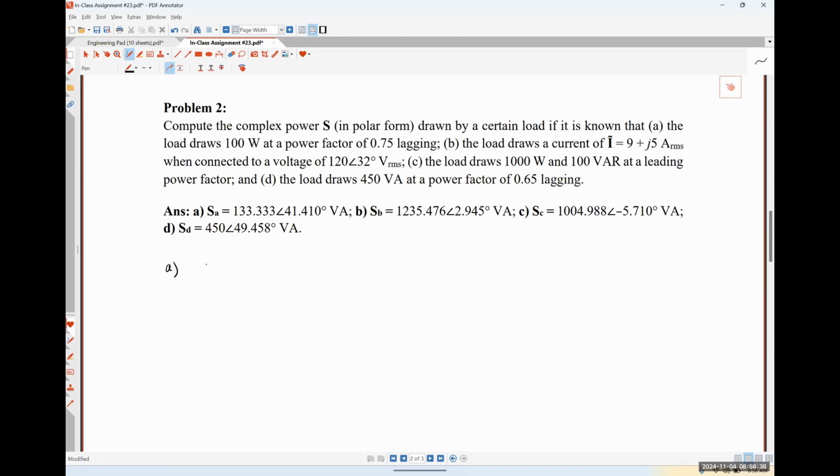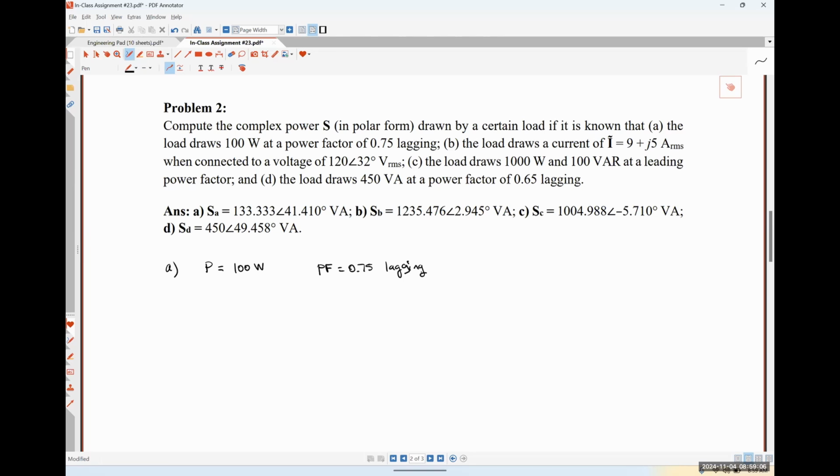Average power. So we're told that P is equal to 100 watts, and we have a power factor of 0.75 lagging.